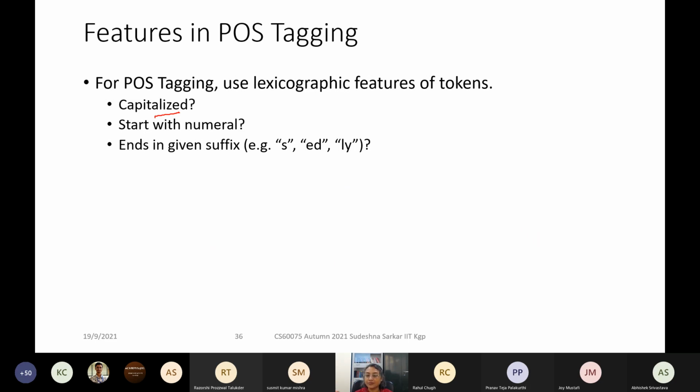HMM, CRF, all of them have similar performances. However, when we go for part of speech tagging of a complex language, or where there is not a lot of annotation data, and especially for different named entity tagging tasks, CRF with the addition of different features is found to do much better than HMM.